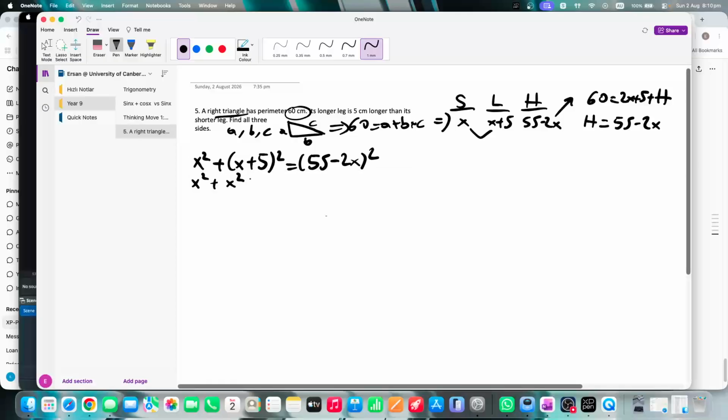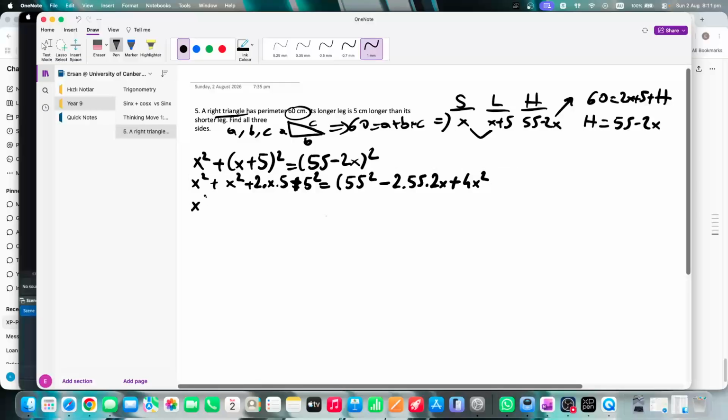So x squared plus 2 times, don't forget 2 times always, the first term times the second term, which is x times 5, plus 5 squared, is the same thing as 55 squared minus 2 times 55 times 2x plus (2x) squared, which is 4x squared, because 2x in parentheses times 2x is 4x squared.